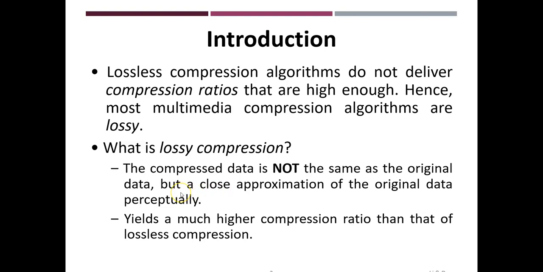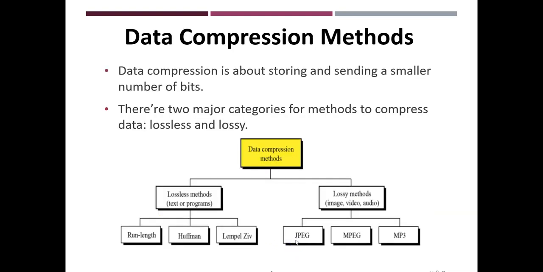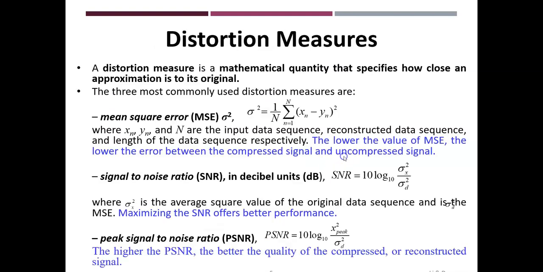Lossy compression yields a much higher compression ratio compared to lossless compression. Here I reflect back on the data compression methods we went through previously under lossless compression, and today we're going to cover lossy, specifically JPEG compression.